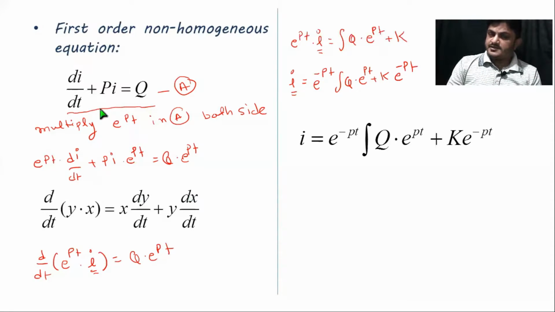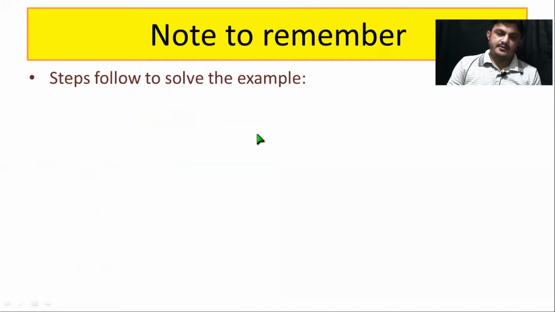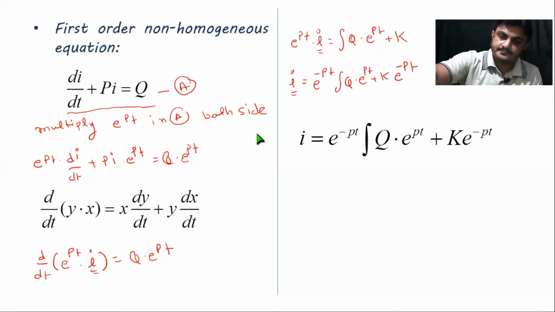If I have this type of equation, then I can directly write the expression for the variable I in this particular equation, that is equal to e raised to minus pt integration q e raised to pt plus k into e raised to minus pt. So remember, every time you have to remember this equation for the solution of a first order differential equation.